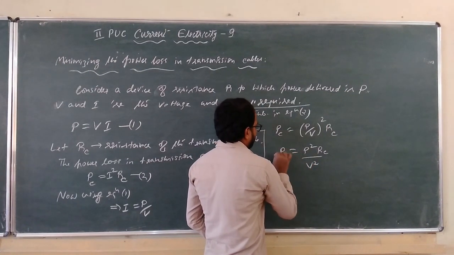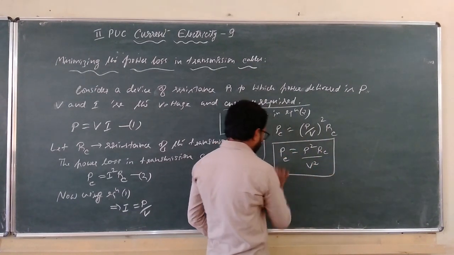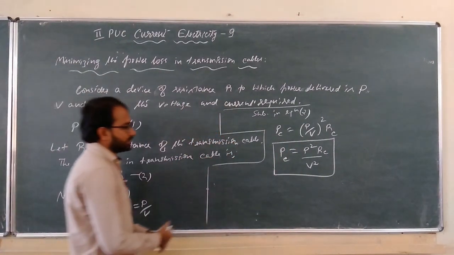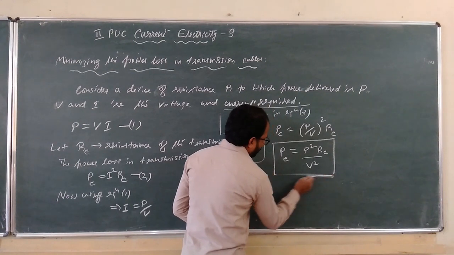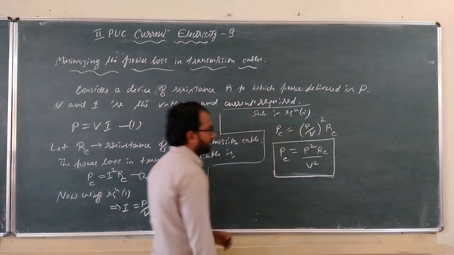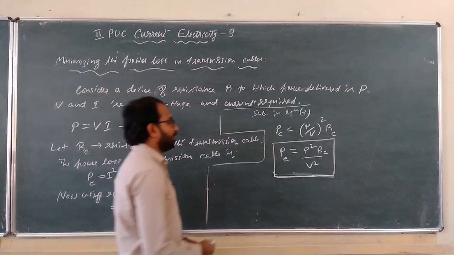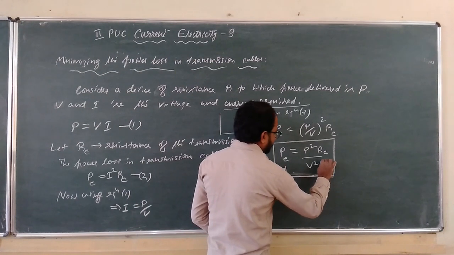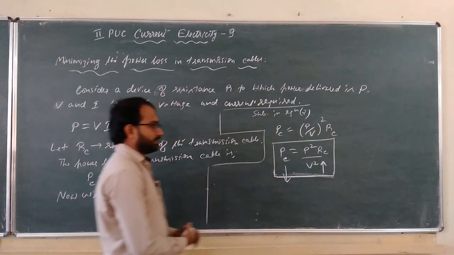Therefore, the power dissipated in the transmission cable, that is electrical energy dissipated per unit time in the transmission cable, is inversely proportional to the square of the voltage. Okay. So therefore, the power loss in the transmission cable can be minimized by increasing the value of voltage.